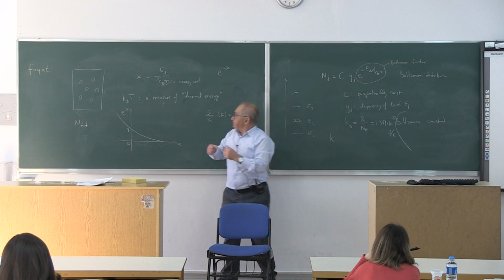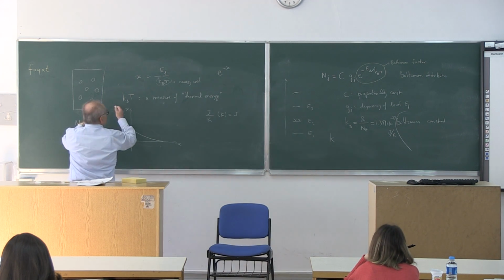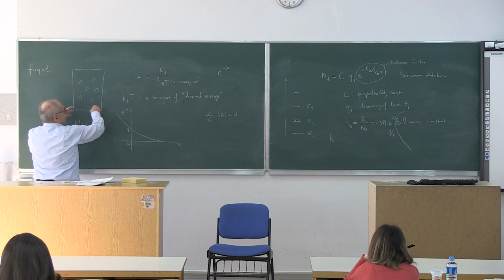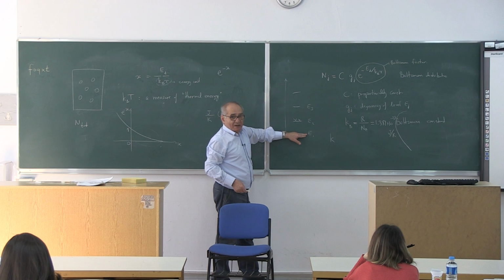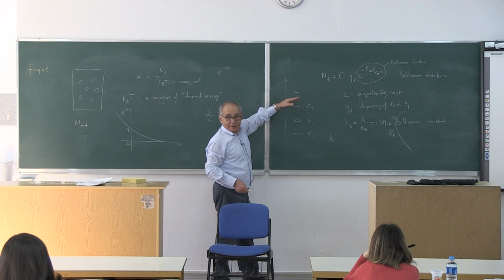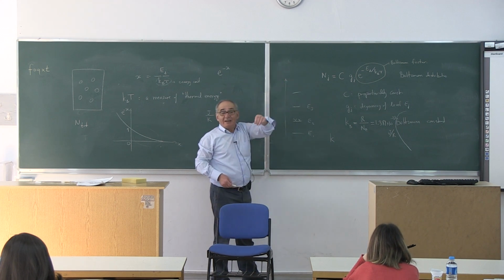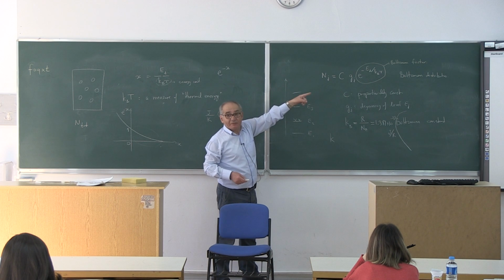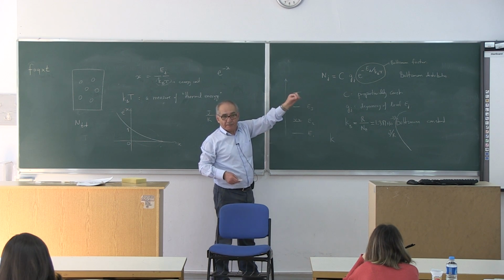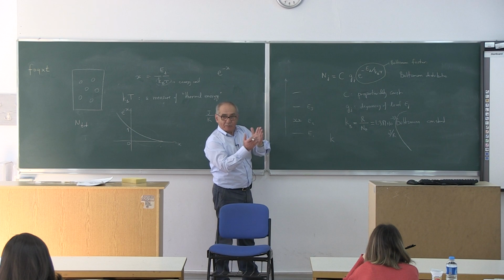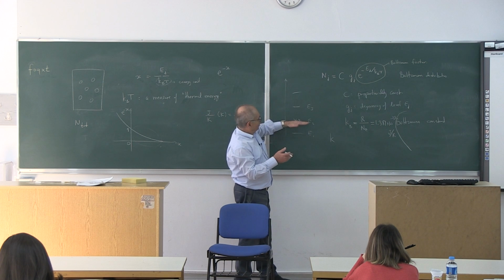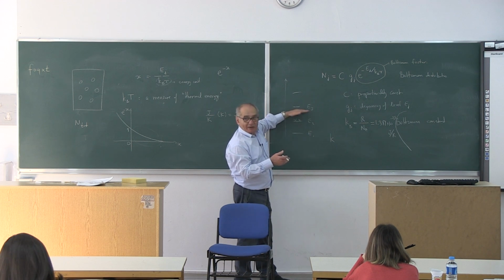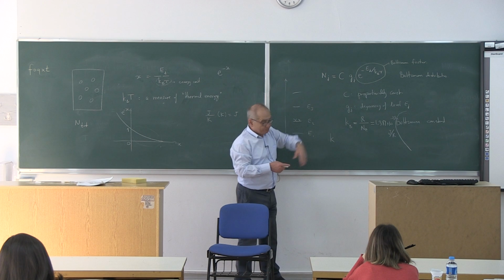So, some molecules in the sample will be in this energy level. Others will be in that energy level. Still others in that energy level, and so on. Very high energy levels are empty because the Boltzmann factor is near zero. So the relative distribution of the molecules into the available energy levels is given by this expression.